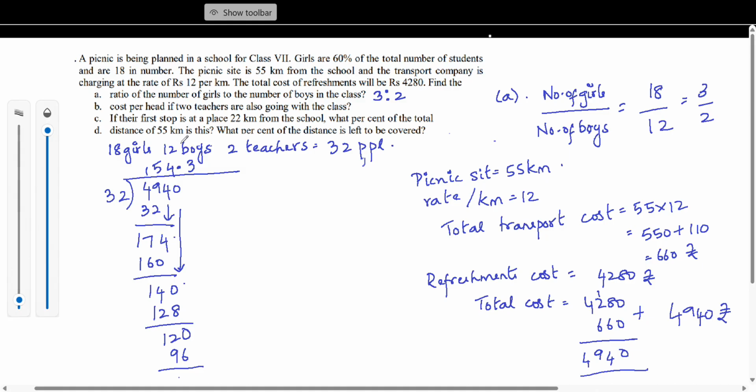So 96, you should get a 24. Add a 0. 32 sevens are 224, which gives 16. At that point, you again put a 0. 32 fives are 160. So, 154.375 was the cost per head.